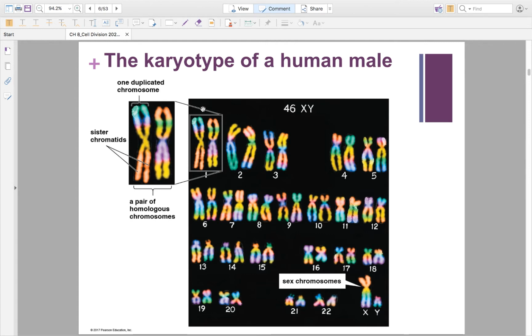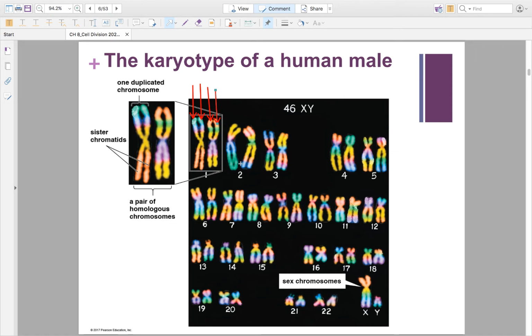So this is a human karyotype after the S phase. Everything has been copied. Notice that there's no longer 2 chromosomes at each location. There's 1, 2, 3, 4.